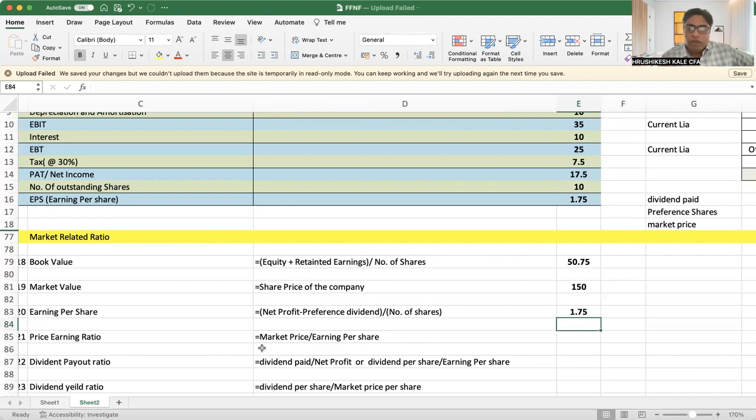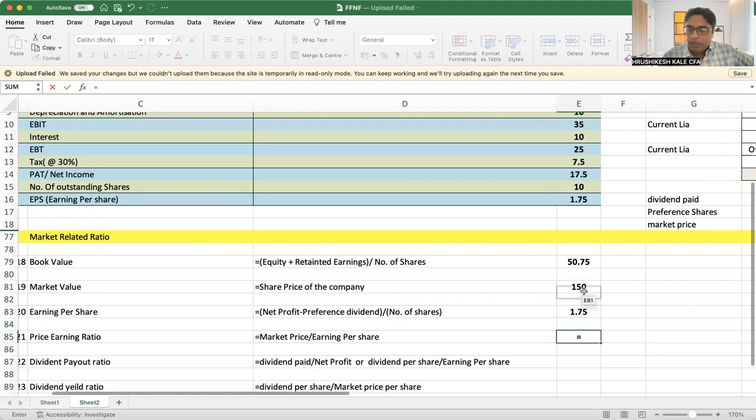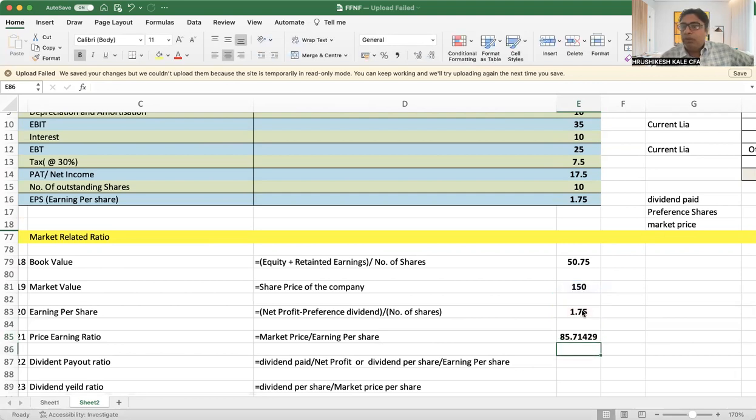Now, price earning ratio is nothing but market price upon earning per share, which came out to be 85 rupees. Now, please understand, price earning ratio tells us that for 1 rupee of earning, how much market price am I paying? So I am paying 85 rupees for 1 rupee of earning.